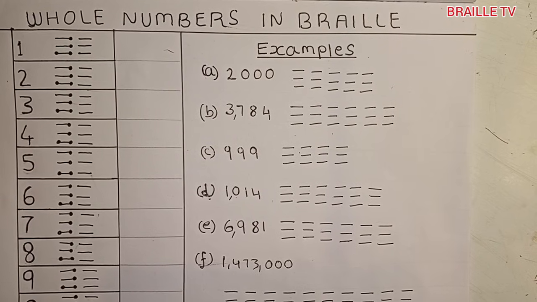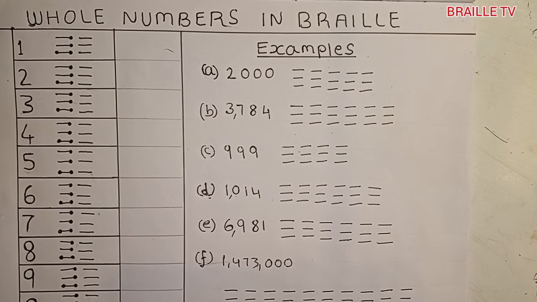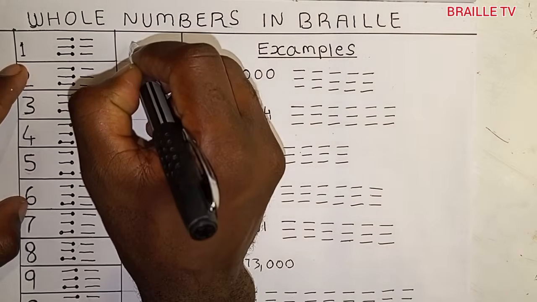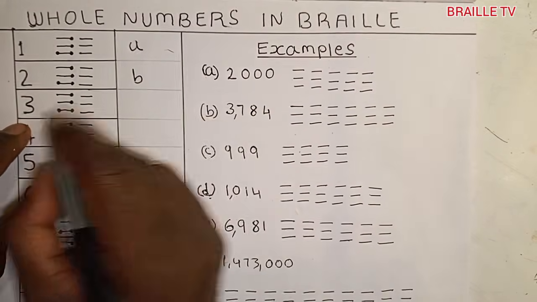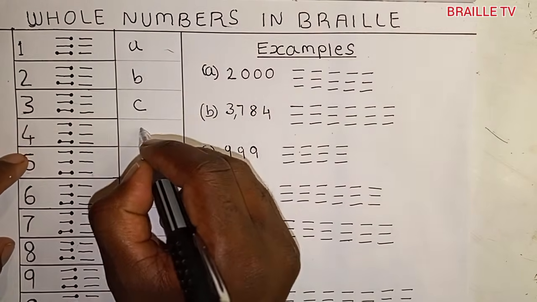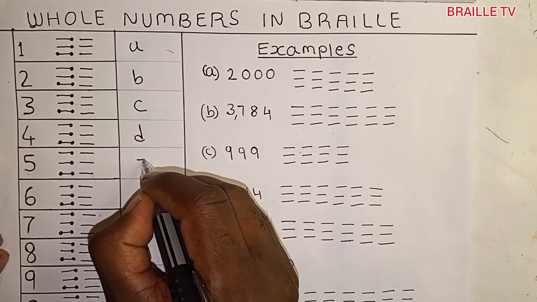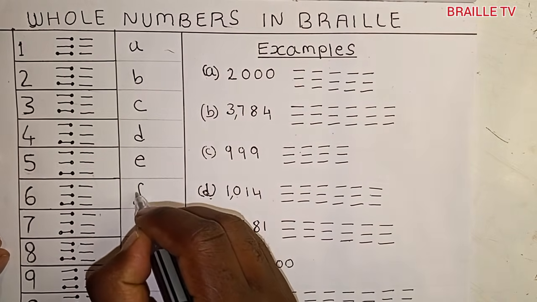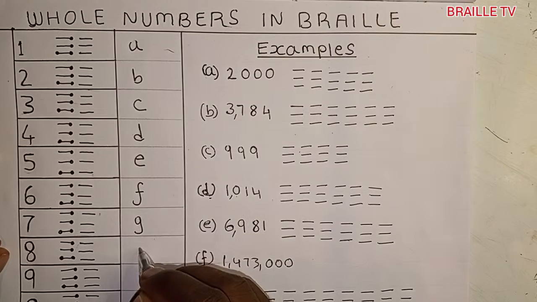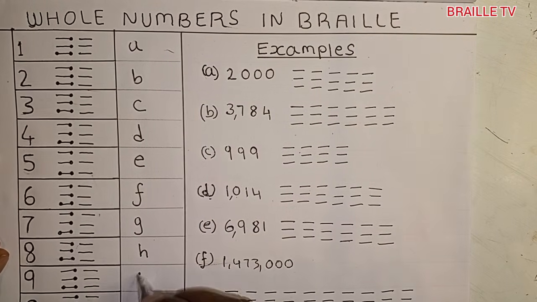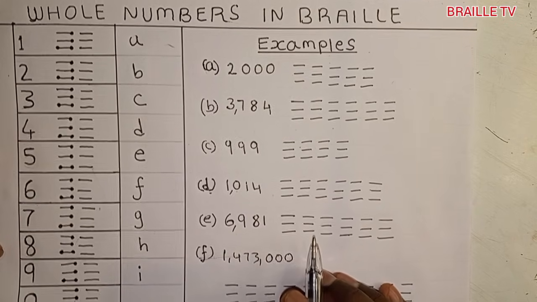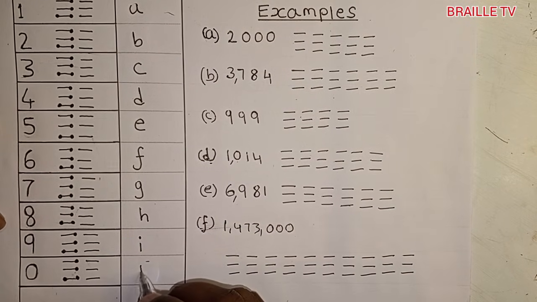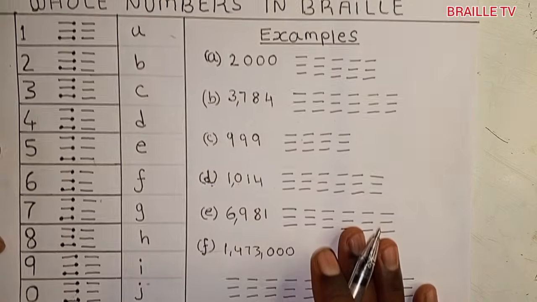Remember I told you we use the letters of the alphabet. 1 is A, 2 is B, 3 is C, then D, E, F, G, H, I, and then finally we have J.